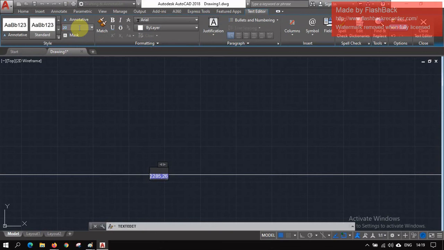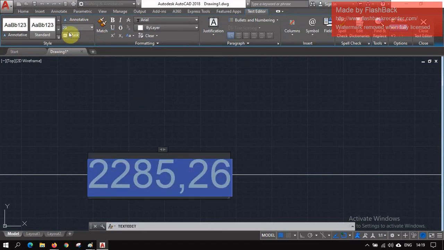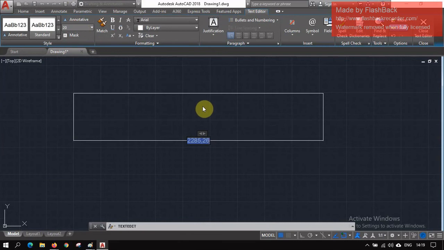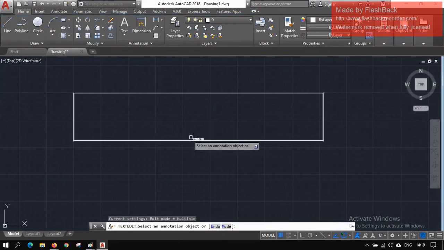Okay, can you see something written over there, 2288.85 point something? Can you see? Yes, sir, visible.